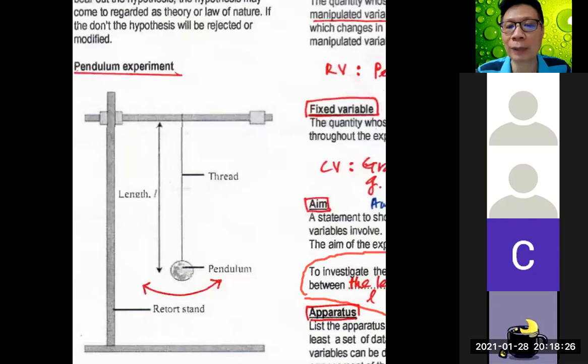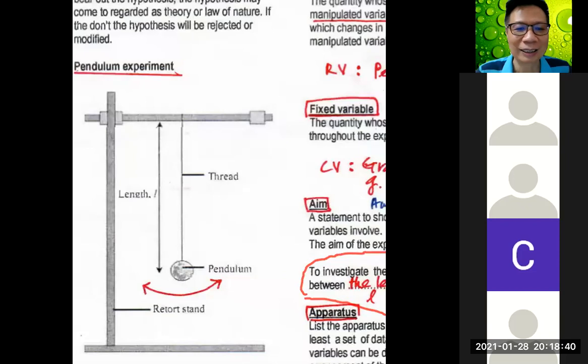Pendulum bob. Yes, correct. Next. Jonathan Lam, can you name one more? Thread, someone mentioned already. Retort stand. Stopwatch. Yes, a stopwatch. Very good.